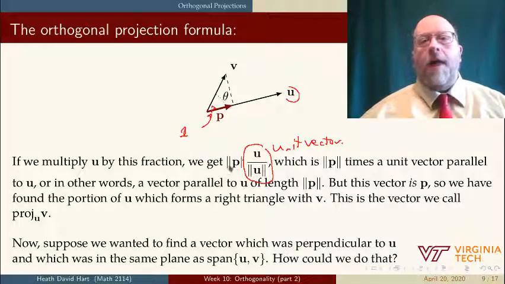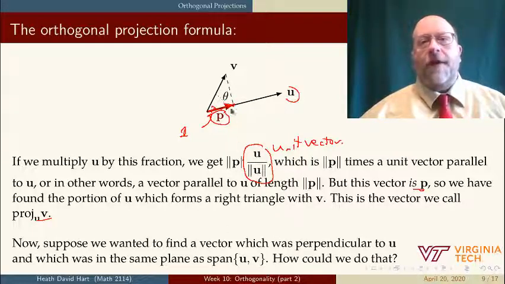And then multiplying it by the magnitude of p makes it the same direction, but now a vector that's p units long in the direction of u, and that is the vector p. And that's the projection vector that we're looking for. So the formula that we've been covering finds this leg of the right triangle that's under v.